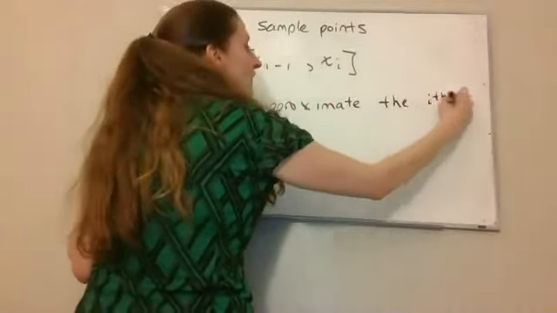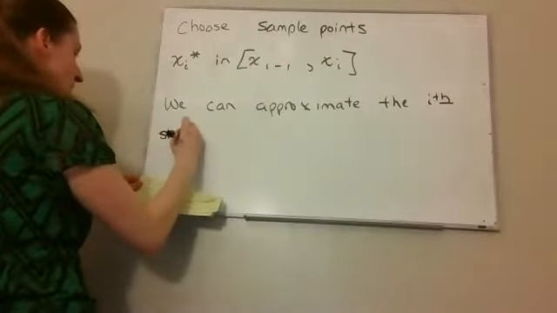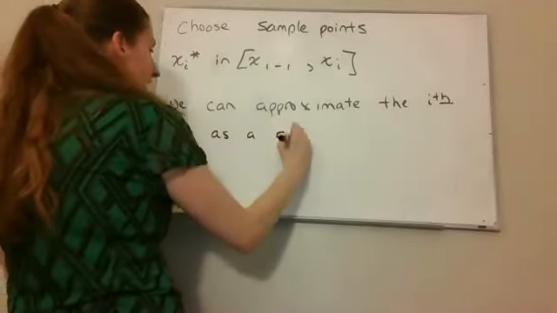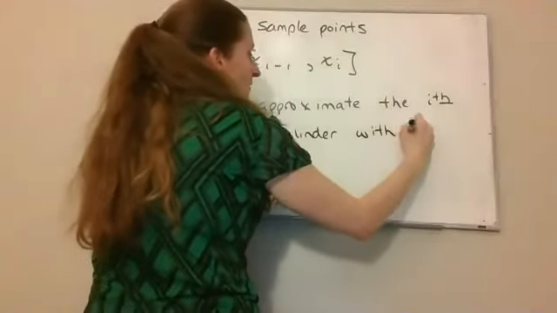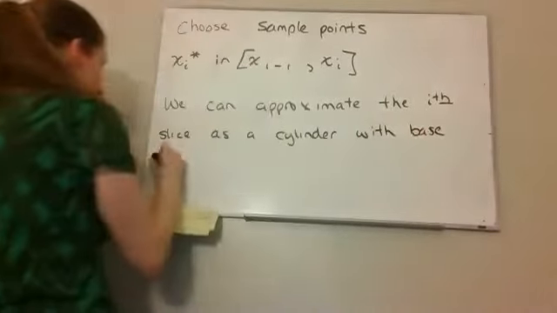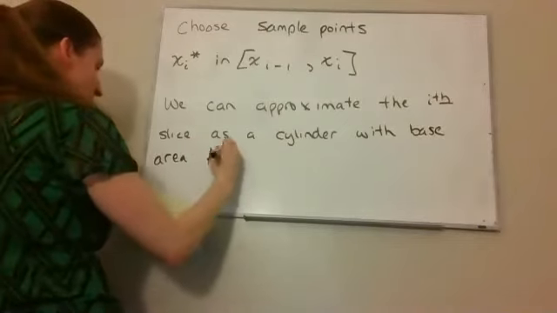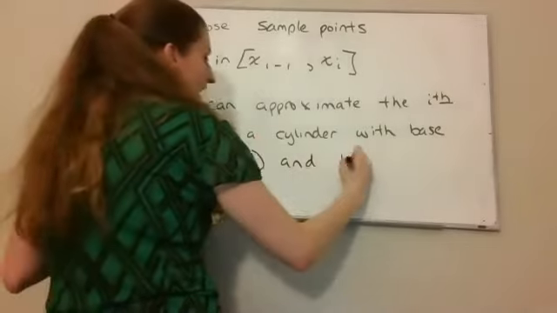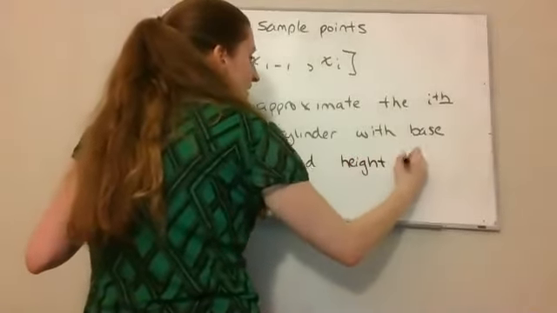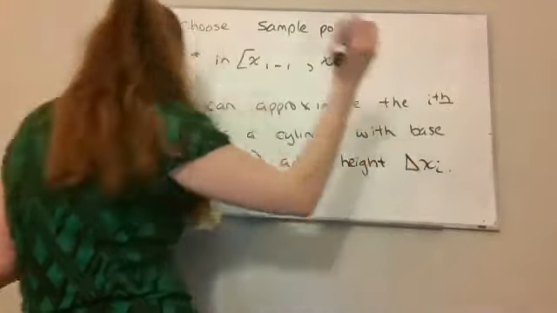the ith slice as a cylinder with base area A of xi star and height delta xi.